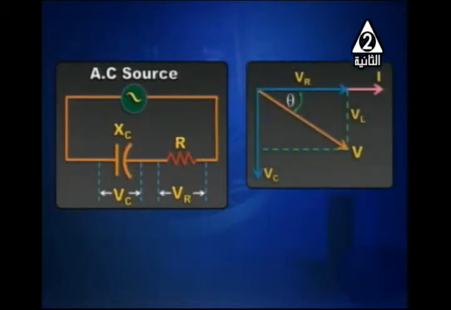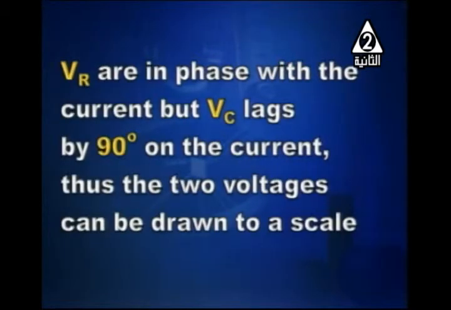Voltage and current are in phase in the resistor. But voltage lags by 90 degrees on the current when talking about the capacitor. So VR is in phase with the current, but VC lags by 90 degrees on the current.